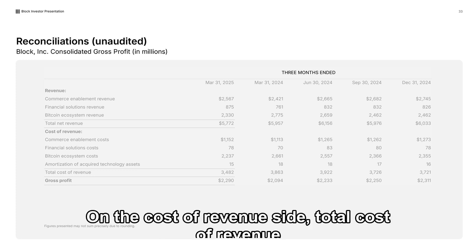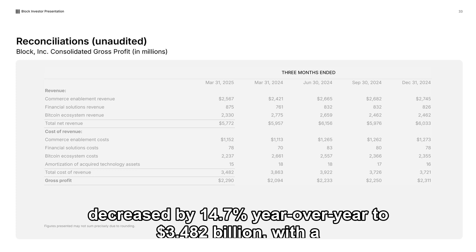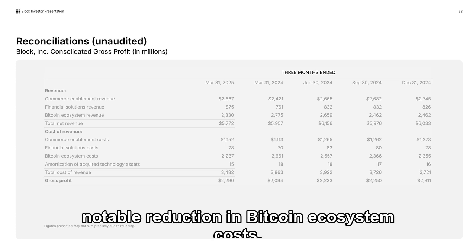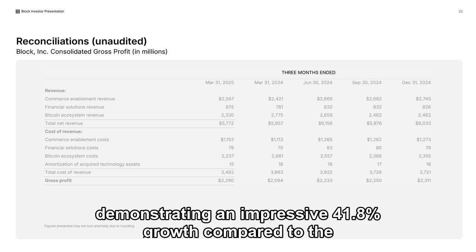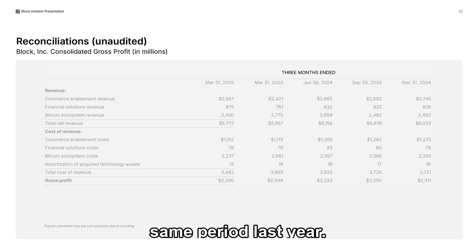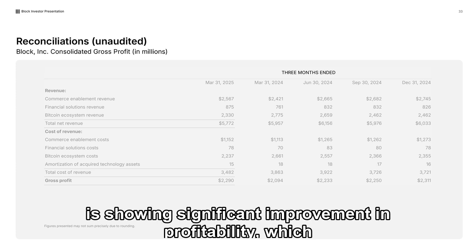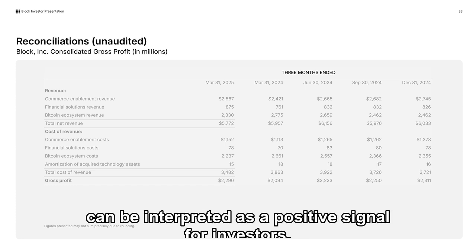On the cost of revenue side, total cost of revenue decreased by 14.7% year-over-year to $3.482 billion, with a notable reduction in Bitcoin ecosystem costs. Consequently, gross profit stood at $2.290 billion, demonstrating an impressive 41.8% growth compared to the same period last year. Overall, Block Inc. is showing significant improvement in profitability, which can be interpreted as a positive signal for investors.